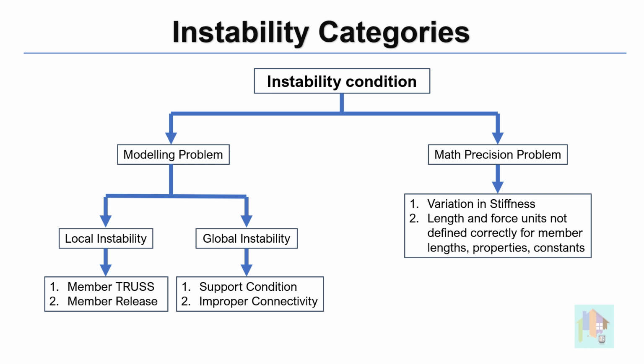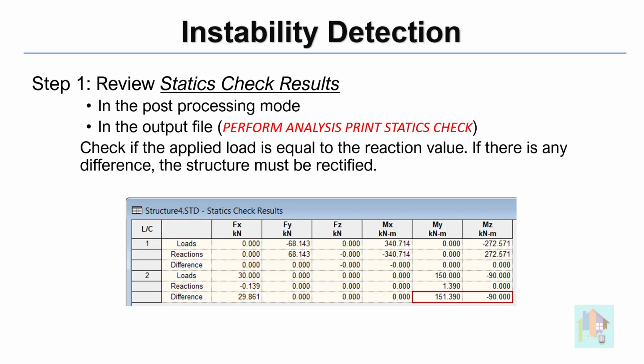Till now, I have discussed zero stiffness and local instability condition using truss and member release command. I also discussed the global instability condition using a pin support example. To summarize, if there is any warning in the output related to zero stiffness or instability condition, we should check the statics check results to find whether there is any loss of applied loads.